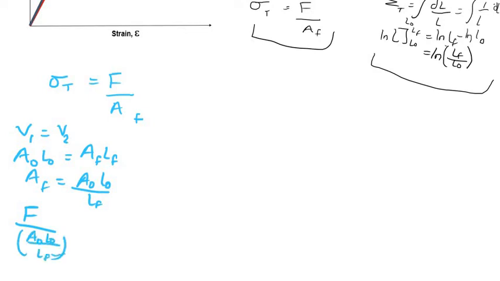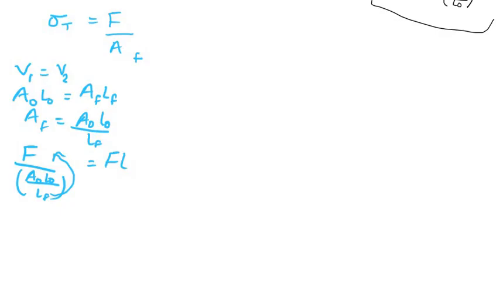Now this LF will come up here, so you'll have F LF divided by A0 L0. But you can recall that F over A0 is actually the same as your engineering stress. So you can factor it out to give you your engineering stress multiplied by LF over L0.